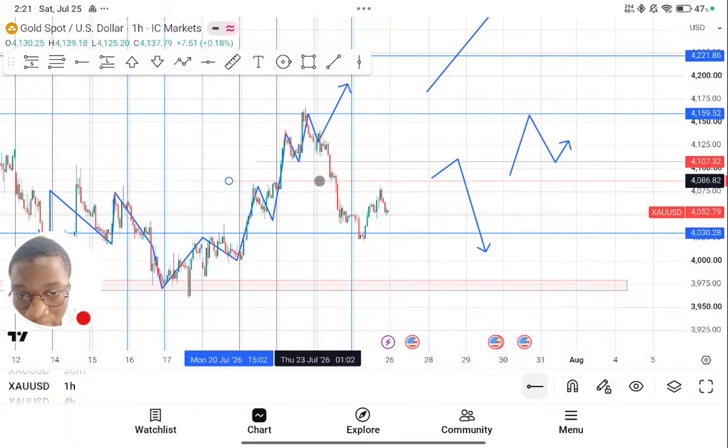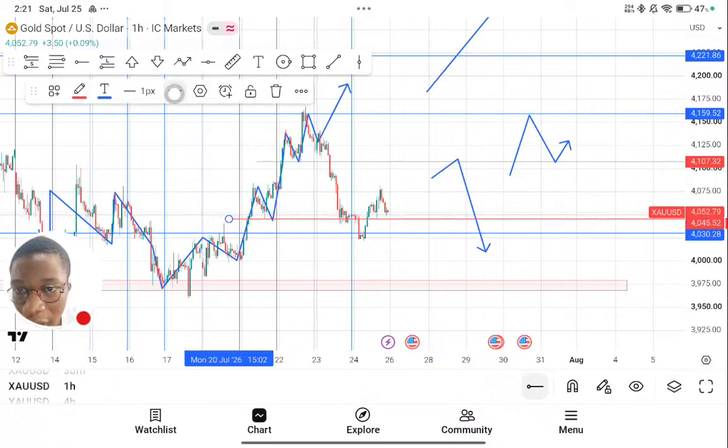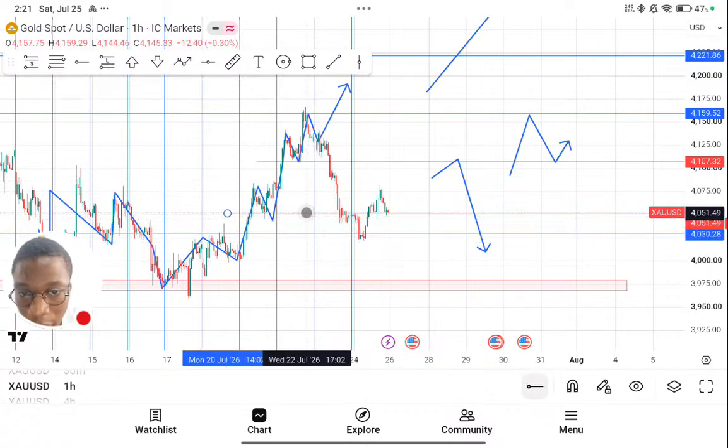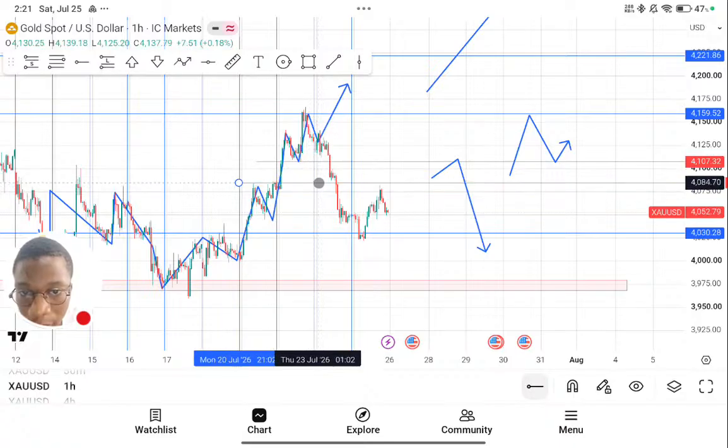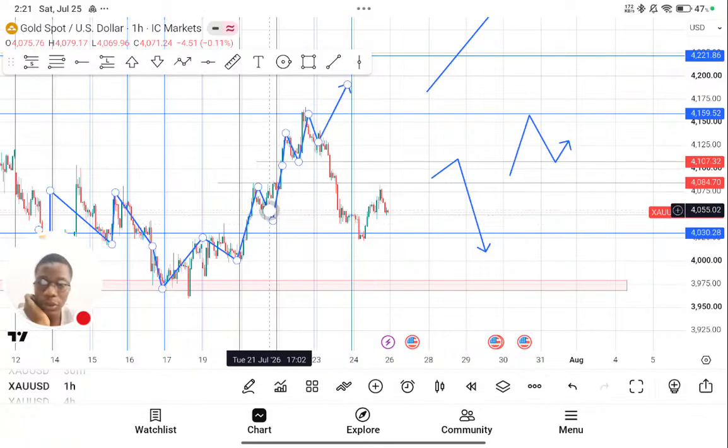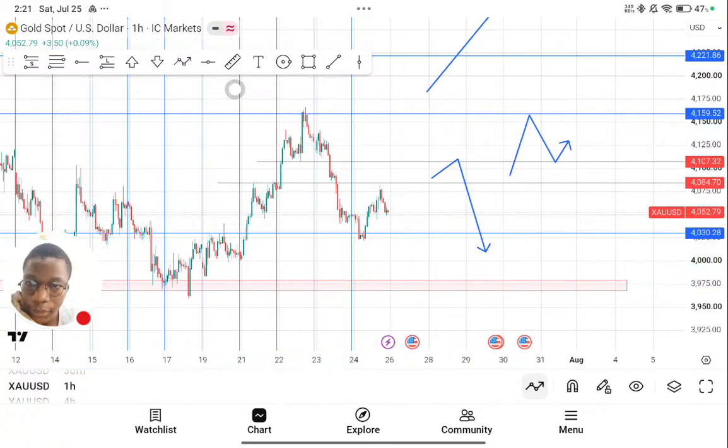Look at this particular low that was created. Let's use this high here. So let me remove this guy.